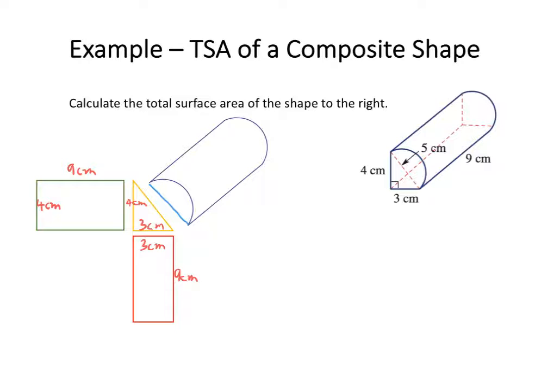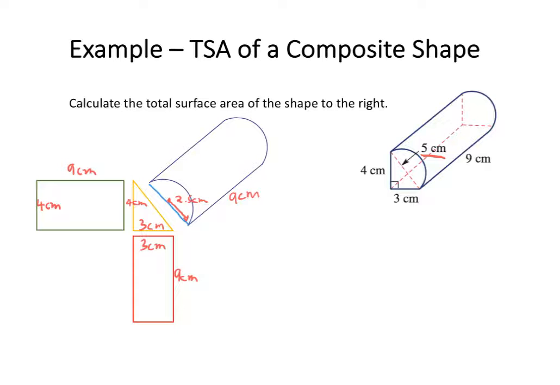For my cylinder, the height is going to be 9 centimeters, and the radius of the cylinder is going to be half of 5 centimeters, so half of 5 centimeters is 2.5. Now I've got all of the measurements I need to calculate each individual component.